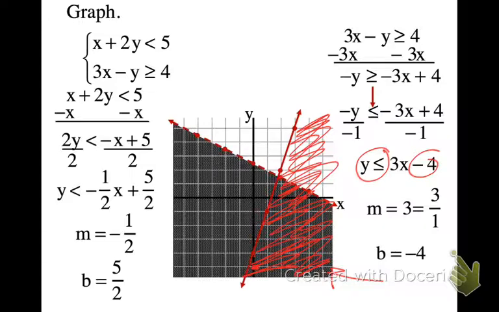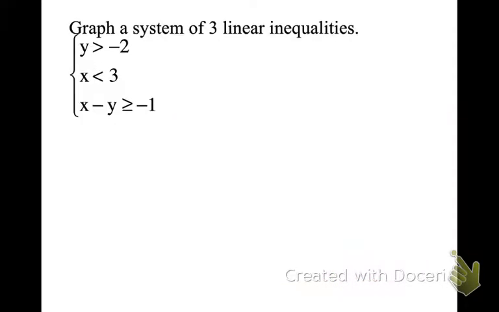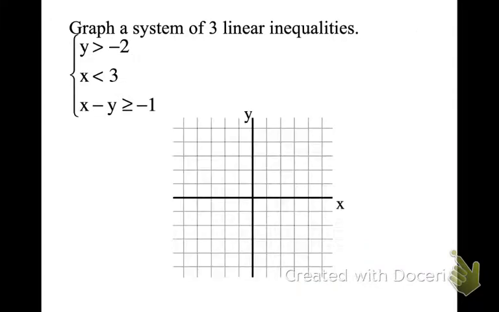All right, let's try the next one. All right, we can do this with 3 different equations. I generally, when I have a single variable, I make a table. So I've got y is always -2, -2. I can do the other one here. X is less than 3, and we do x and y, so it's 3, 3, 3, 0, 1, 2.